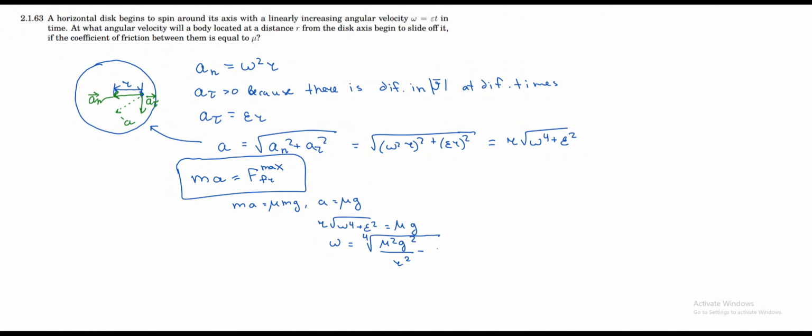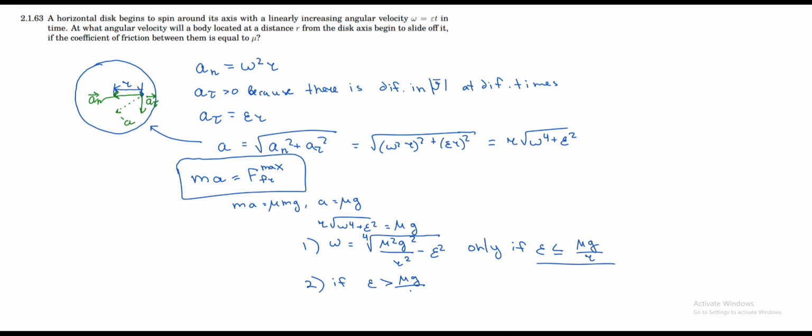It only works if epsilon is smaller or equal to mu g divided by r. But what about the situation in which epsilon is bigger than that?